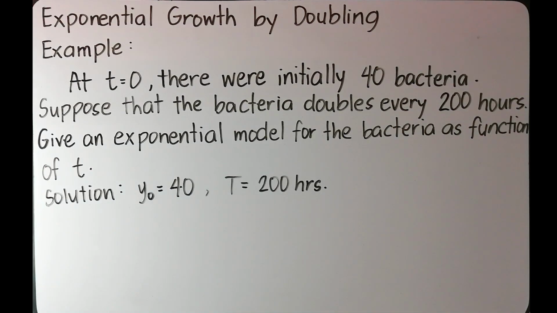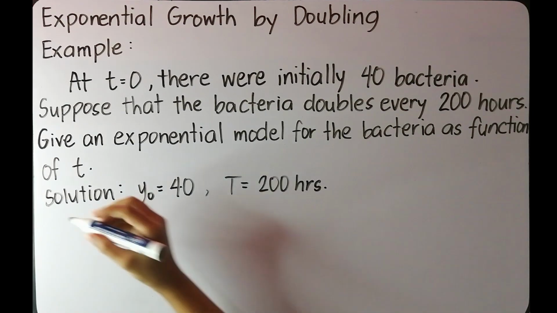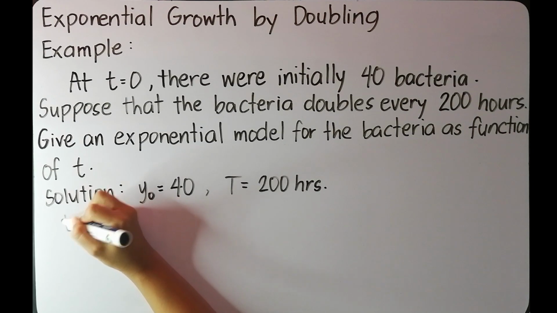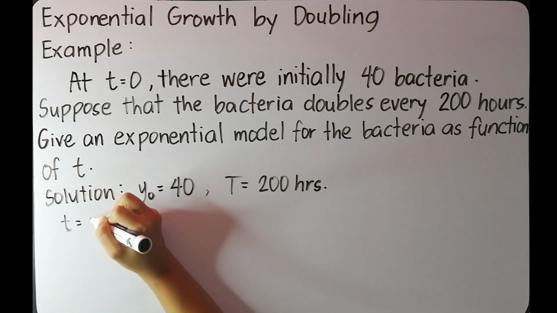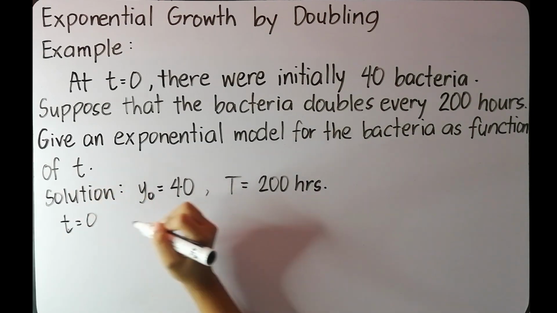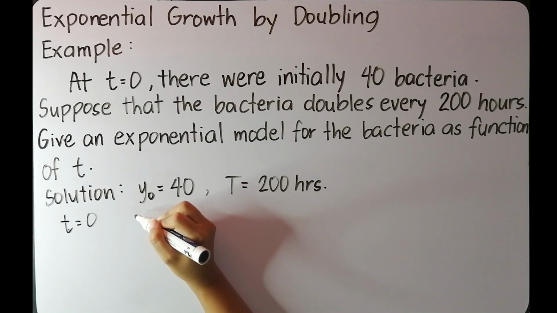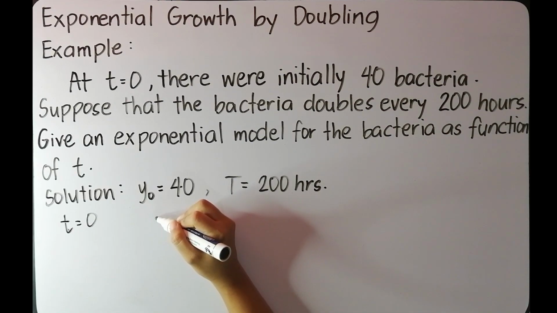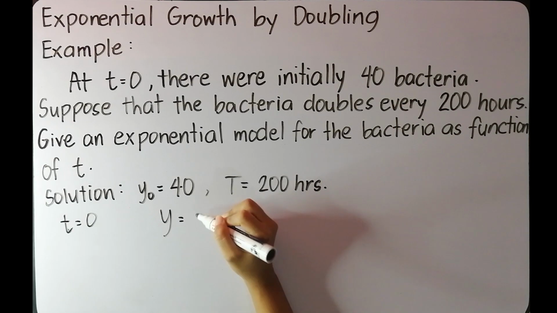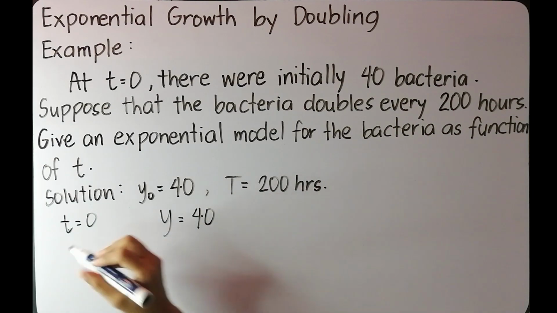So let's say, as given in this problem, initially at t equals 0, we have y, which is the number of bacteria, that is 40.